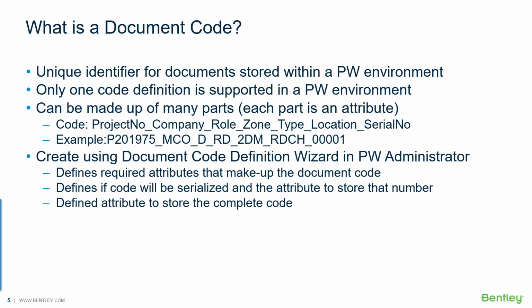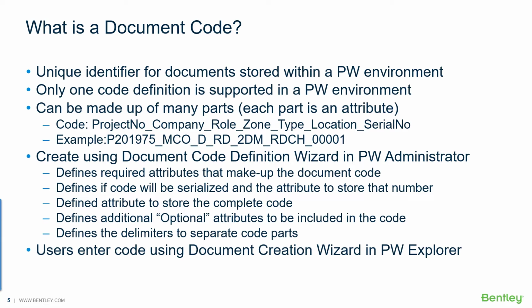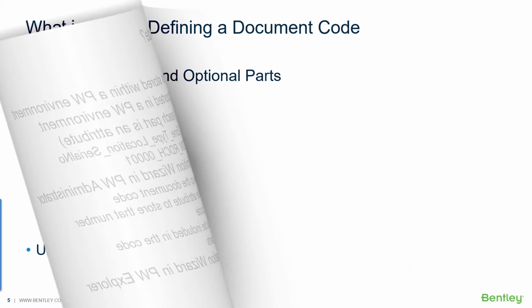It'll define the attribute to store the completed code. It can define additional or optional attributes that are not required to be included in the code, and also defines the delimiters to be used to separate code parts. Users will enter the document code using the Advanced Document Creation Wizard in ProjectWise Explorer.